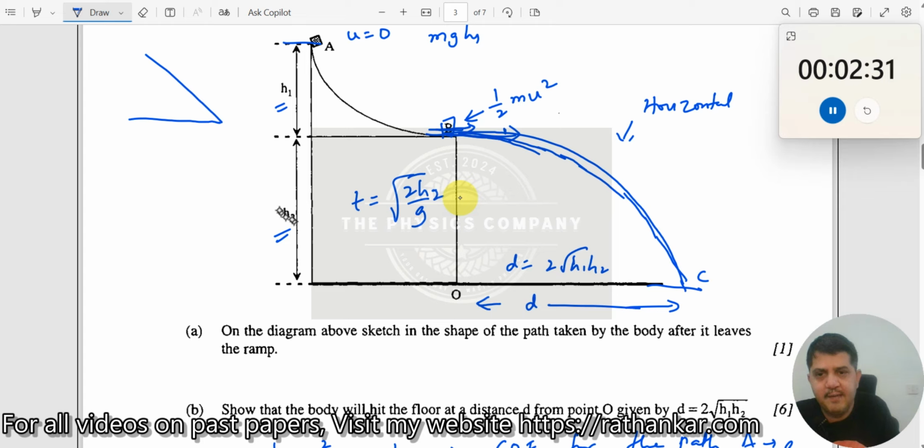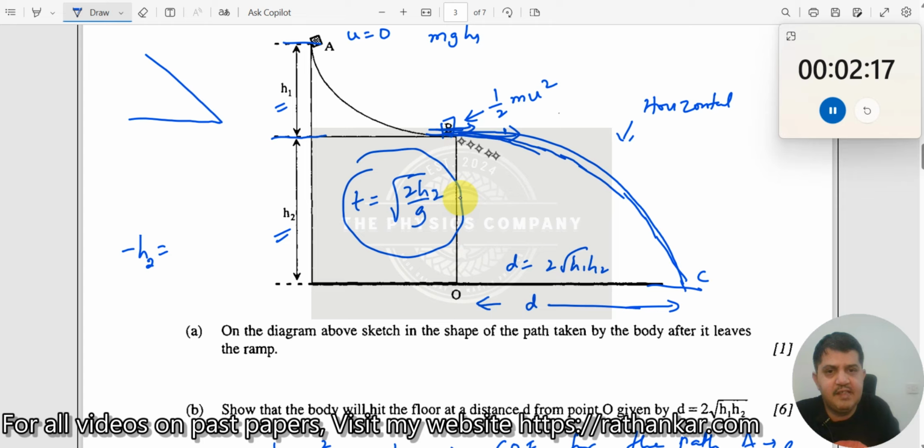So you consider this as your y-axis, this is the x-axis, this is the positive y-axis, this is the negative y-axis. I am now deriving this equation. I can write minus h2 is equal to, the initial y velocity of the particle is 0, so 0 into t plus half into acceleration along the y-axis, which is minus g, into t square.